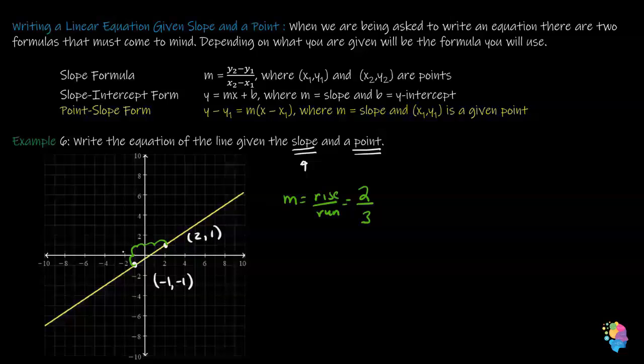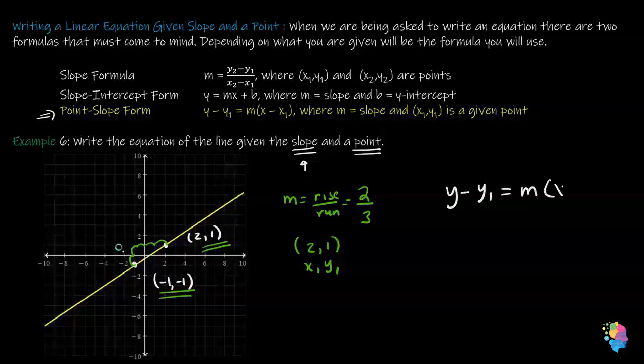Now the points, we have two of them. I have 2, 1, and then I have the -1, -1. Because I don't want to be dealing with negatives, I'm going to use the point 2, 1, and this will be my x1, y1. So then I'm going to use the point slope form, and that is y minus y1 is equal to m parentheses x minus x1.